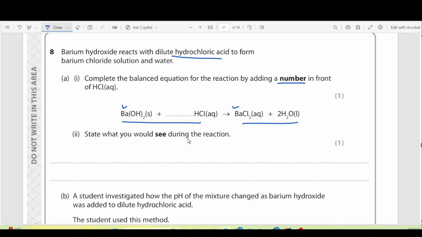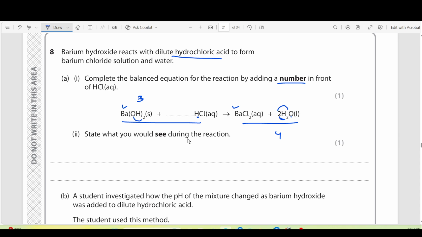Oxygen is 2 and this side oxygen is 2, right? So it is balanced. Hydrogen is 2, and this side hydrogen is 4. 2 times 2 is 4, right? So here 4 and 2, hydrogen is not balanced.